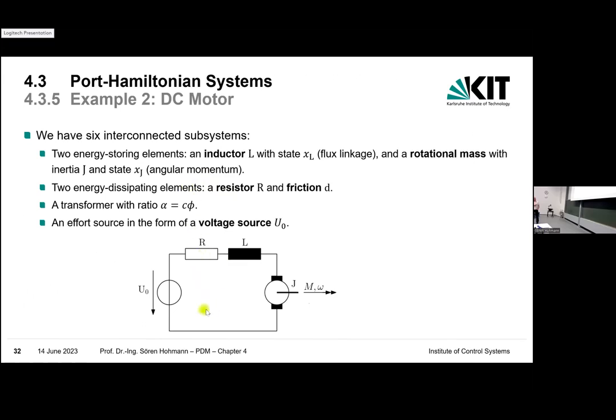Suppose you have just a simple DC machine with its equivalent circuit R and L, and a shaft with inertia that produces a torque and angular velocity. We have an external voltage applied to it, and we want to model it in a port-Hamiltonian system framework, to understand things a little bit.